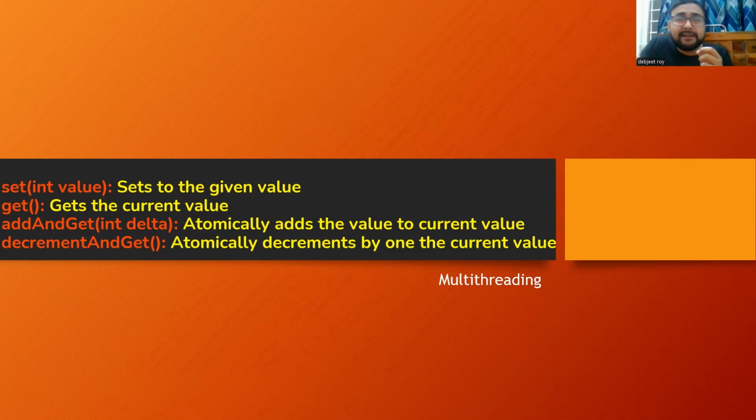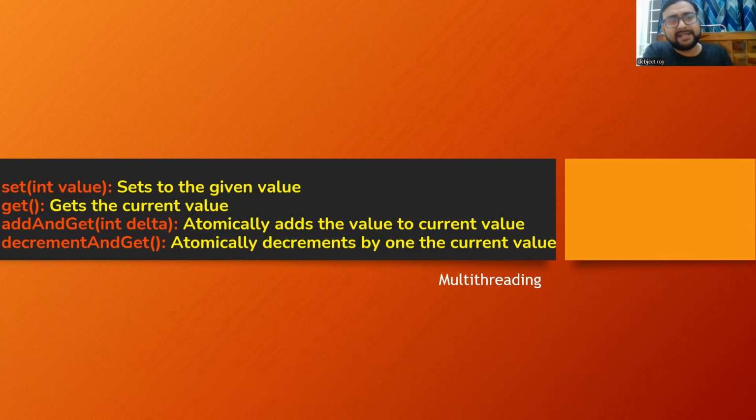Other threads can interrupt in between and add some data onto it. It will give me inconsistent output. It's very vague, so we will not be relying on that. No client will be able to rely on those logics. To maintain the consistency across the application, we have to make use of atomic classes.